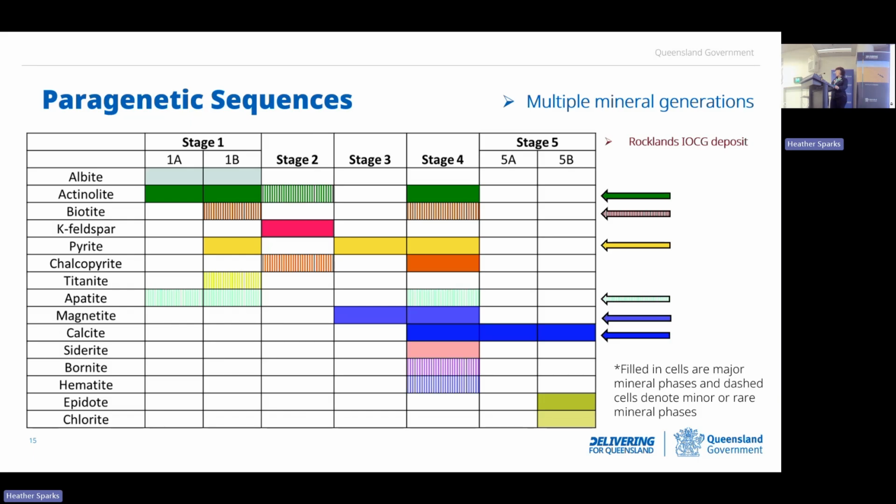Another point I wanted to make with this diagram is that in many deposits we have multiple generations of the individual minerals. And it becomes very important when you're looking at vectoring and using specific minerals, so that you clearly understand the direction of your vectoring.